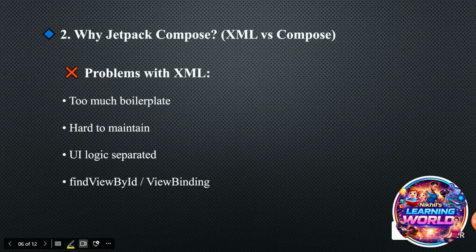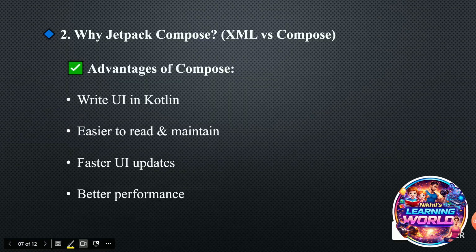So why Jetpack Compose, and why is there a need for it? Because in XML we faced some problems. In Android application development, previously we had problems with XML, like it makes too much boilerplate code, it makes the code hard to maintain, and the UI logic we need to separate, and by using findViewById it makes things complex for beginners and for developers as well.